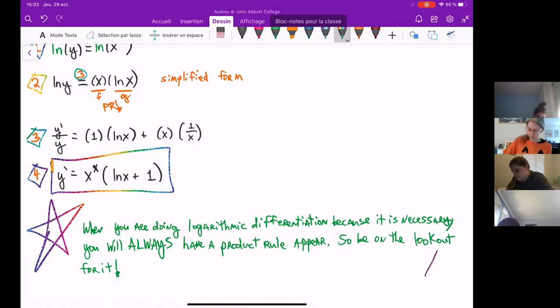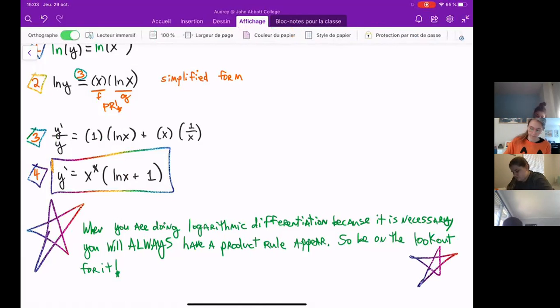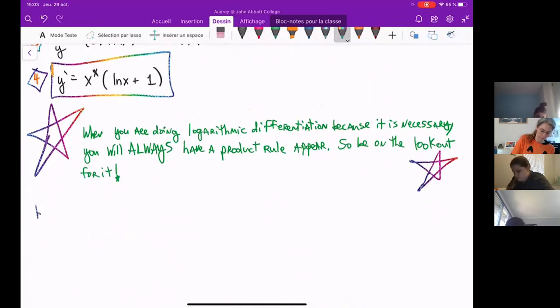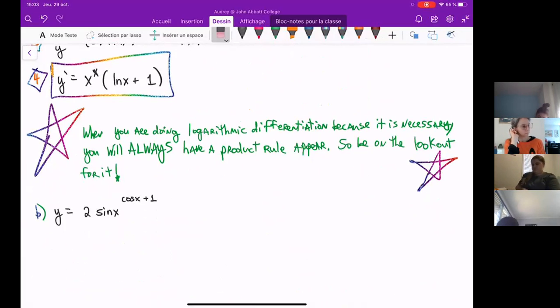Okay, any questions about this? All right, so this question, y is equal to 2 sine x to the power of cosine x plus 1.